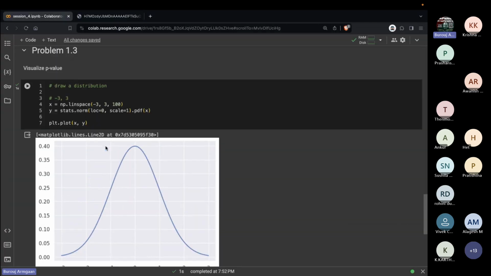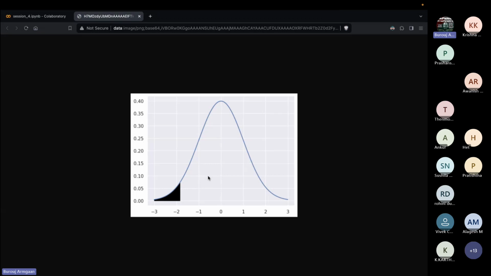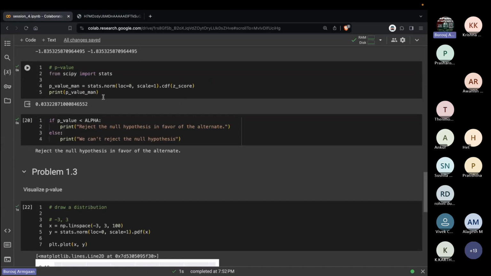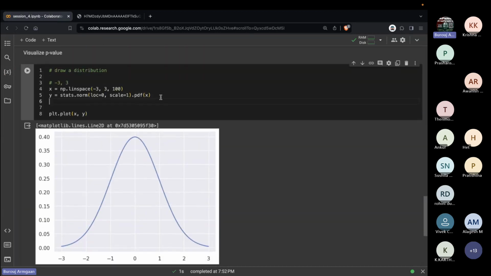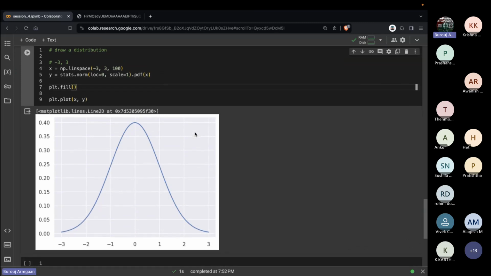Okay, so now we want to shade the area, the rejection area. The rejection area is the area less than our z-score. So for that you use a function plt.fill. You have to give it the x and y values, the same as before, x and y. Then you tell it where you want to color it.